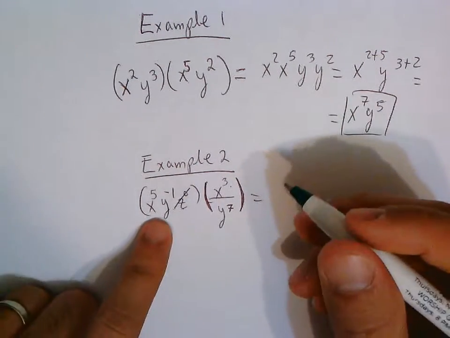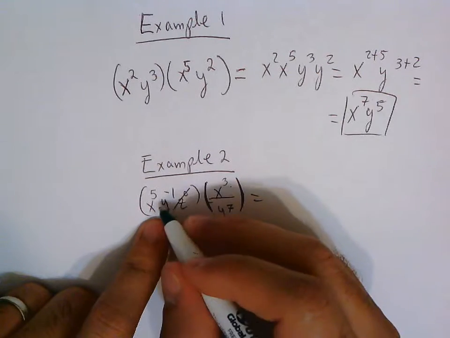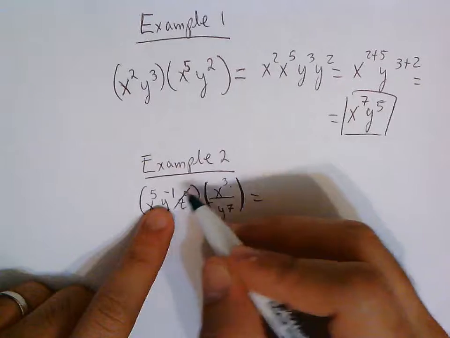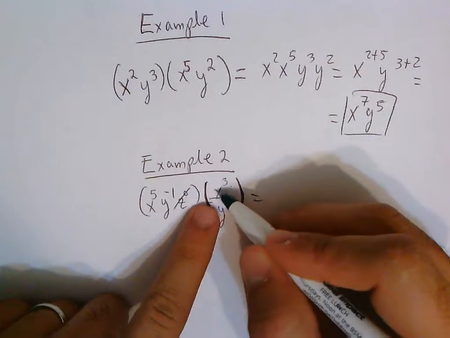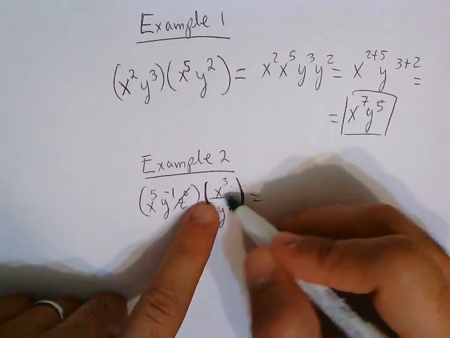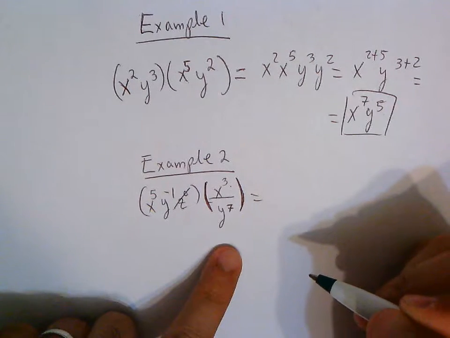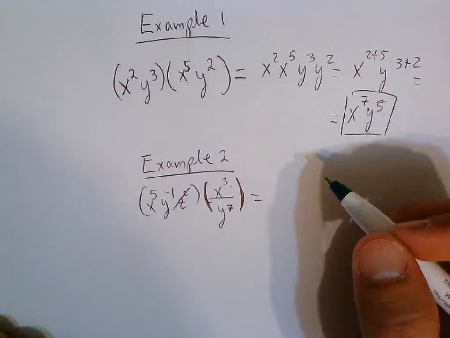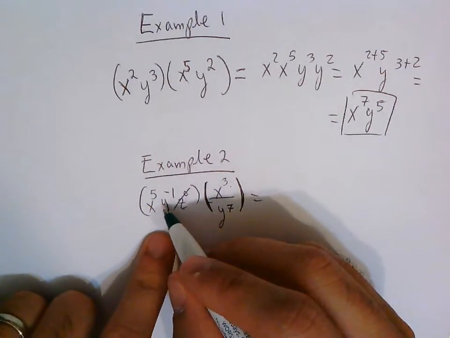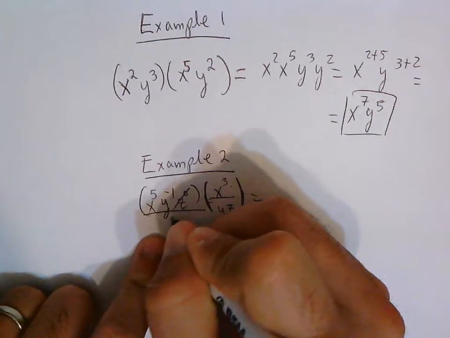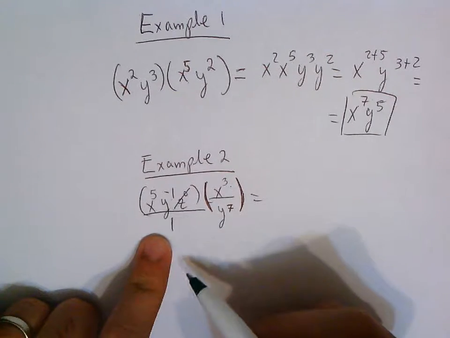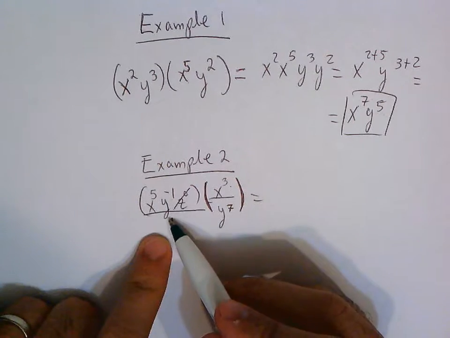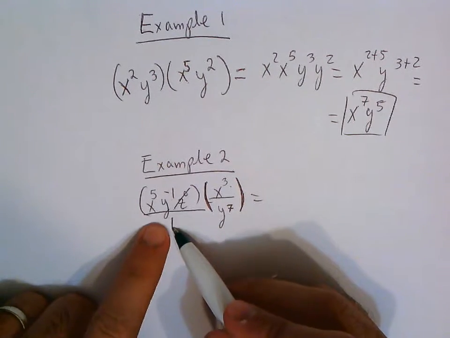So let me continue with the rest. So x to the power of 5 times y to the power of negative 1, it's being multiplied times x to the power of 3 over y to the power of 7. This is where knowing fractions comes in handy. Actually, all of this is over 1. Whenever you see something written like this, something that helps me is to write it over 1.